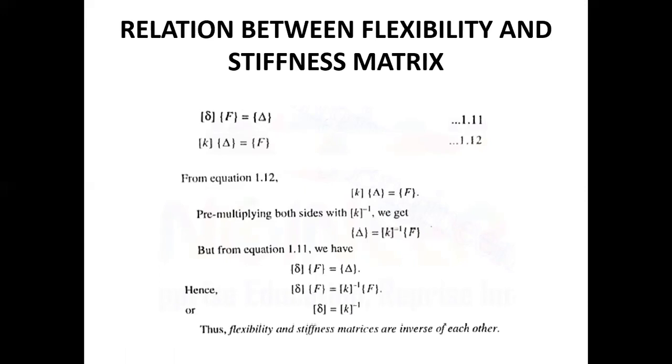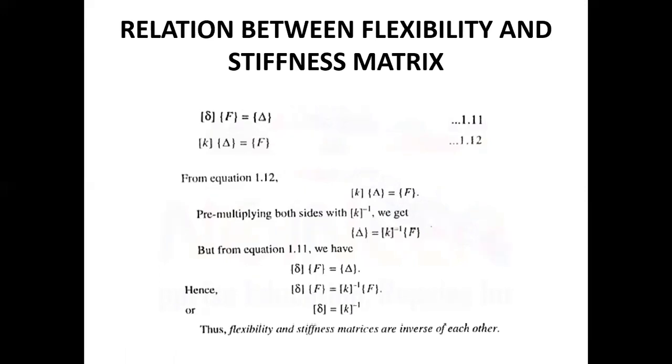Now, if we also see this in a very general way, if anything is flexible, then obviously it will not be rigid or stiff. But if it is stiff, obviously it will not be flexible. If a material has more stiffness, then obviously the flexibility will be reduced.